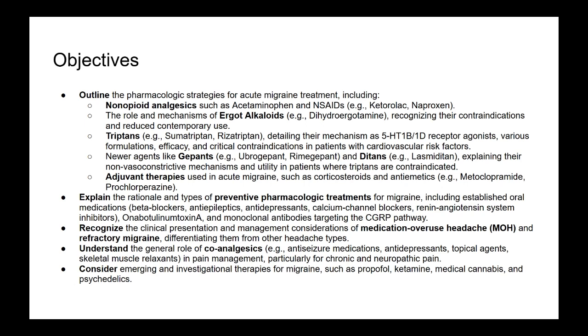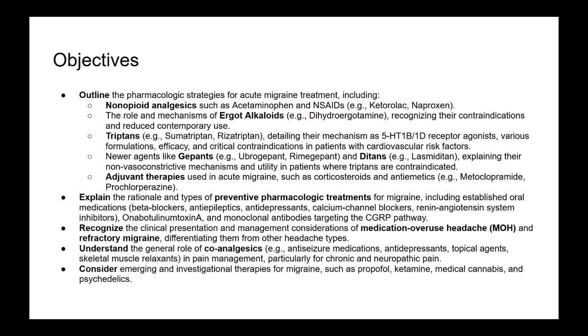Treatments such as onabotulinum toxin A and monoclonal antibodies targeting the calcitonin gene-related peptide pathway will be explained. Recognizing the clinical presentation and management considerations of medication overuse headache and refractory migraine will be emphasized, highlighting how these conditions differ from other types of headache.